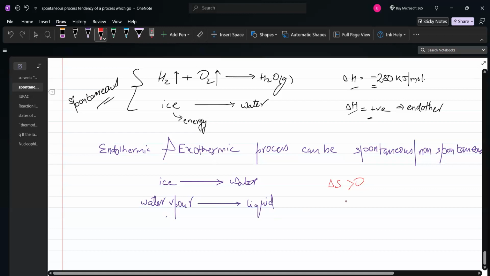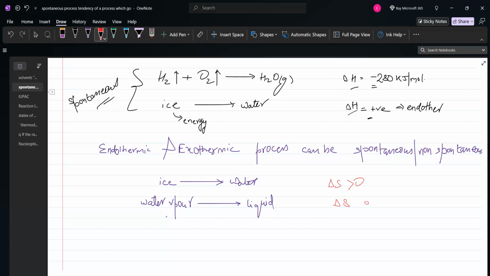Can you comment on it? Delta S is positive or negative? Change in entropy. Has the entropy of the substance increased or decreased? Increased. Okay.